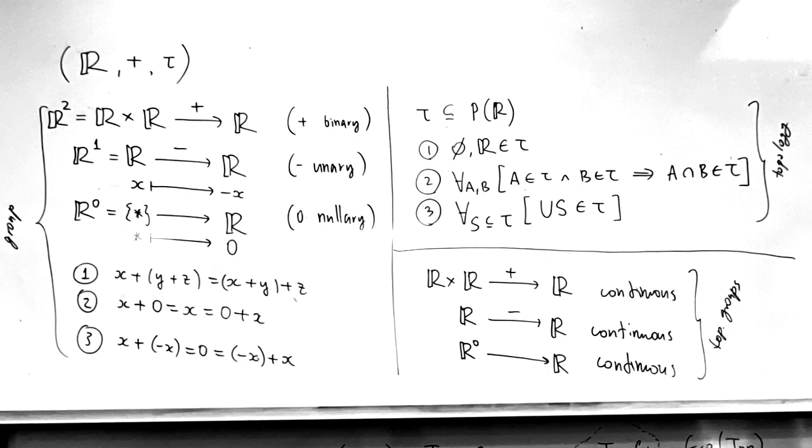The axioms of a group are associativity, the axiom that defines what 0 does, x plus 0 equals x equals 0 plus x, and then the third axiom, which describes the function of minus: x plus minus x equals 0 equals minus x plus x.